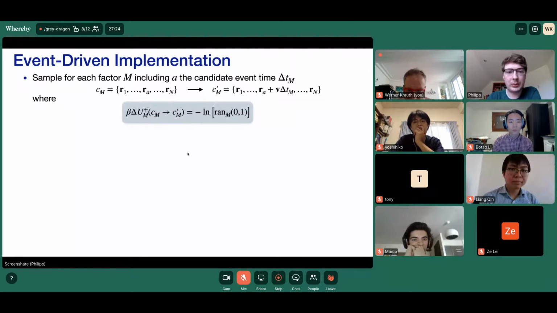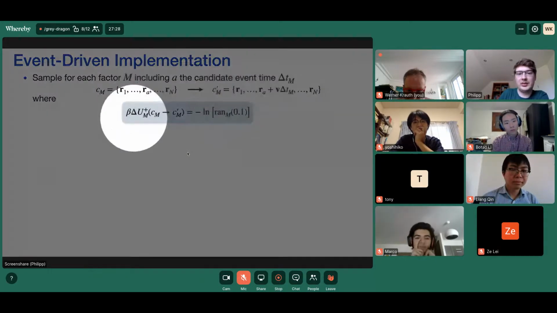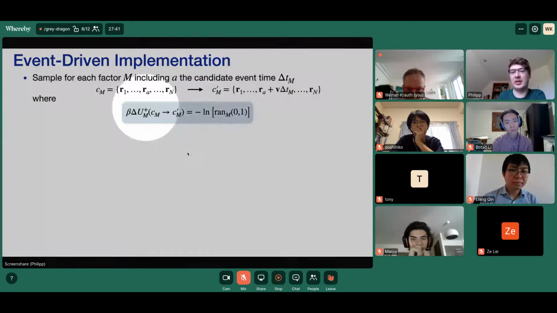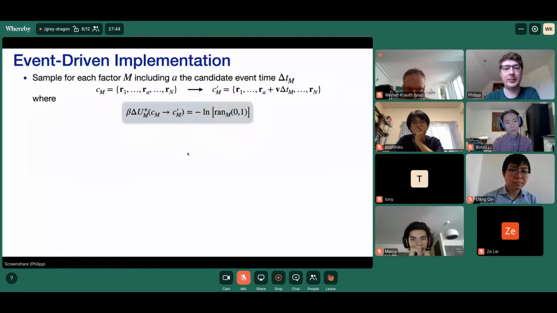And it turns out what one needs to do is to use this equation here. What we consider is that beta times the positive potential change, this is the plus here, between these two configurations must be equal to minus the logarithm of some random number. So this is basically an exponentially sampled random number.